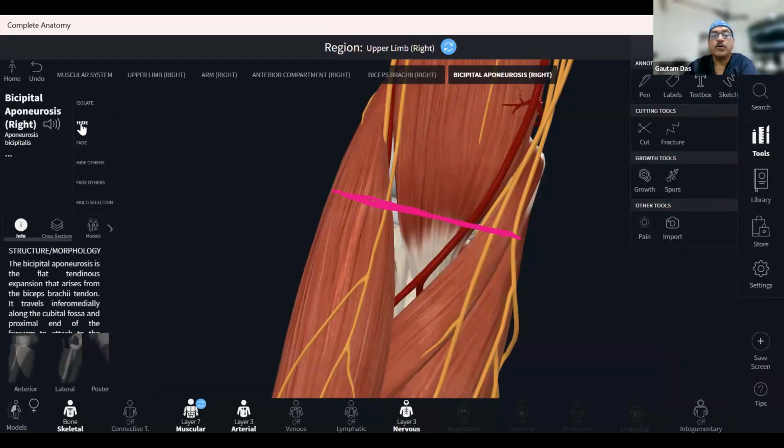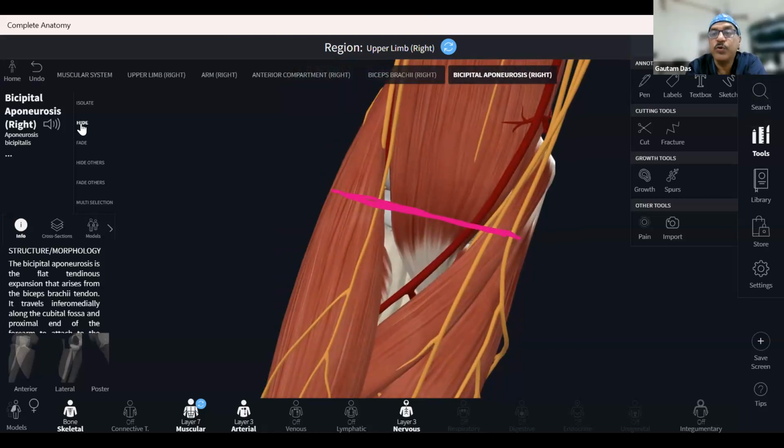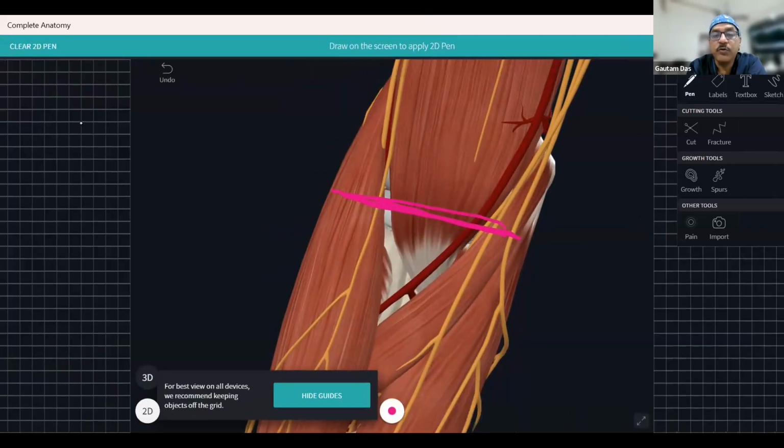Now if you put the probe here, what are we going to see? We are going to see the very big muscle, your brachialis, in the middle of the elbow, and below that we'll be able to see the distal part of the humerus, the cartilaginous part of the humerus.